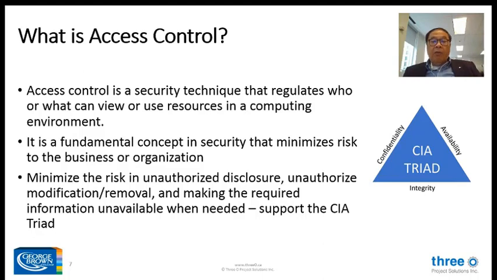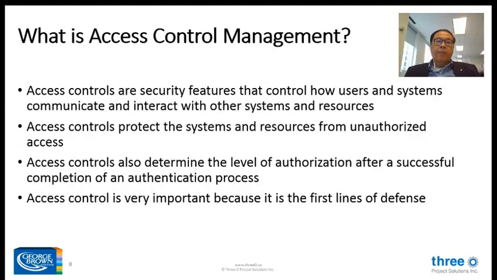Minimizing the risk of unauthorized disclosure, unauthorized modification or removal, which affects integrity, and minimizing the risk of making the required information unavailable when it is required. Okay, so that's access control, and that's how it ties in with the CIA triad.